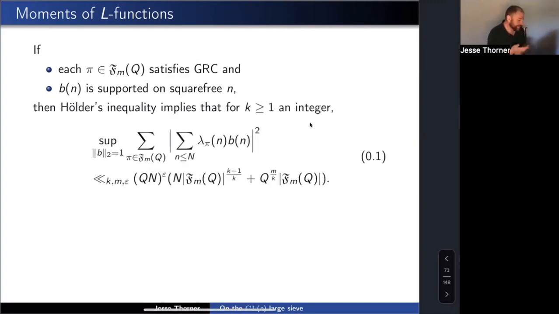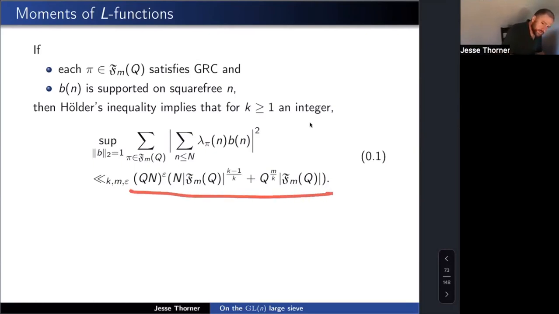And if I have these two things, then it's a fairly straightforward consequence of Holder's inequality that if k at least 1 is an integer, then I can get this variant of our large sieve inequality. So if I take k equals 1, I recover the right-hand side of the large sieve inequality that was in the theorem statement from before.